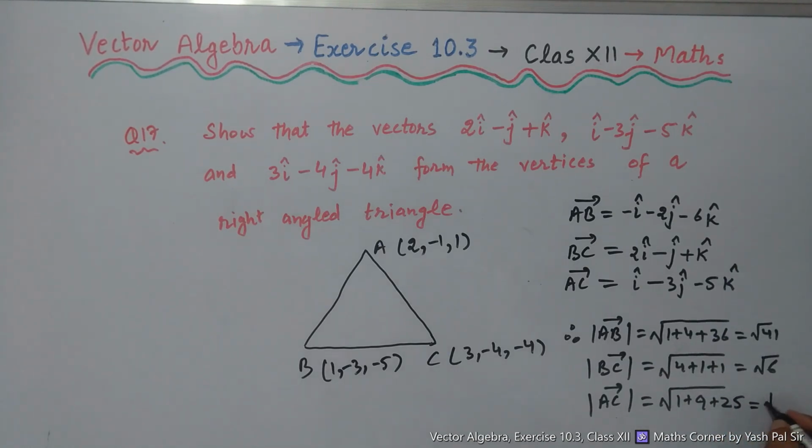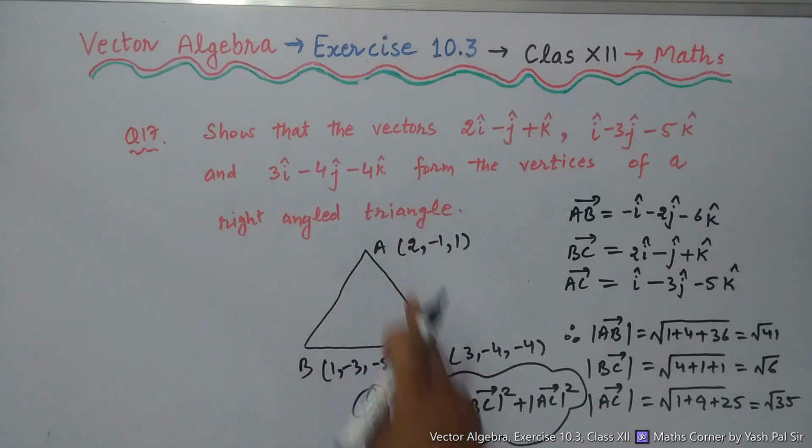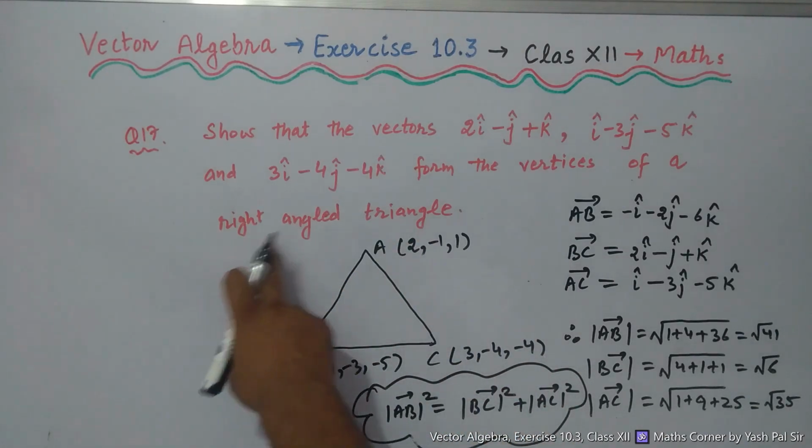This becomes square root 35. So what we see, magnitude of AB squared is equal to magnitude of BC squared plus magnitude of AC squared. That means the Pythagoras theorem is satisfied. So hypotenuse squared is equal to base squared plus perpendicular squared. It means A, B, C are the vertices of a right angled triangle.